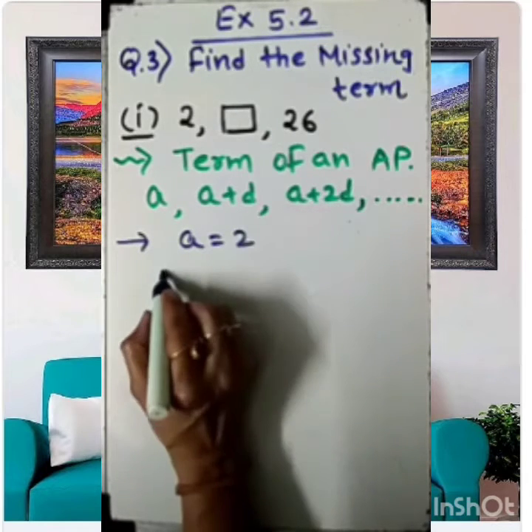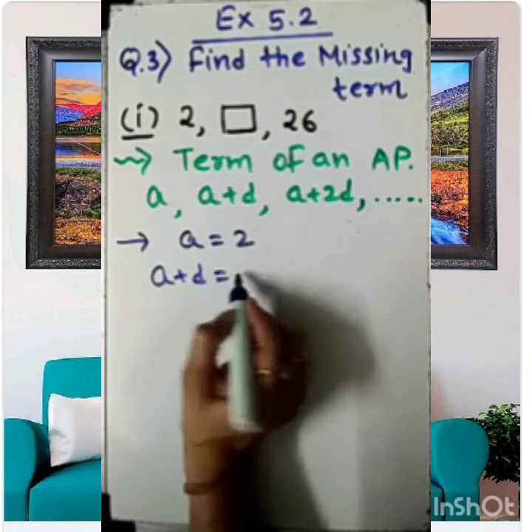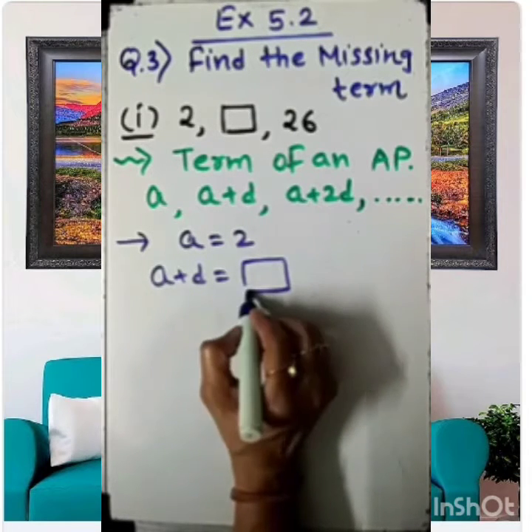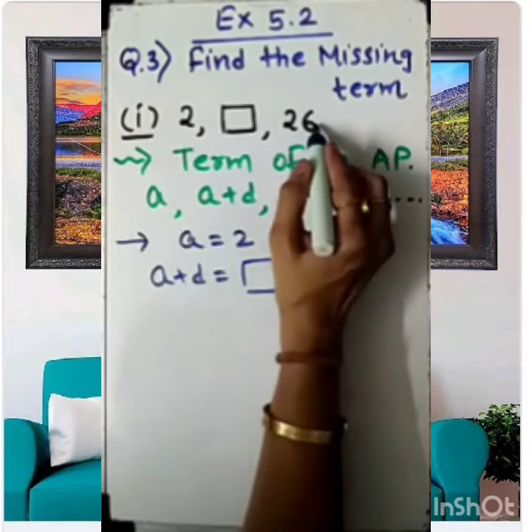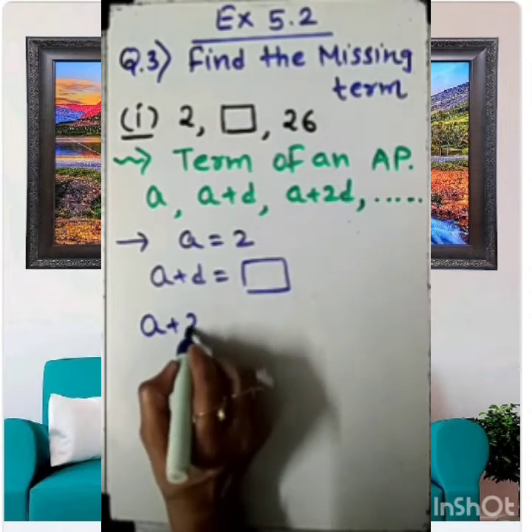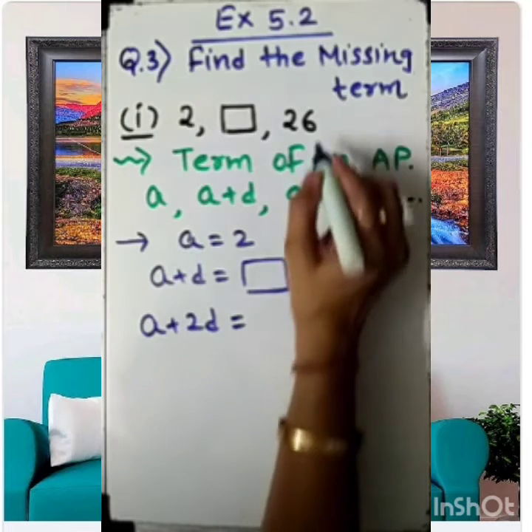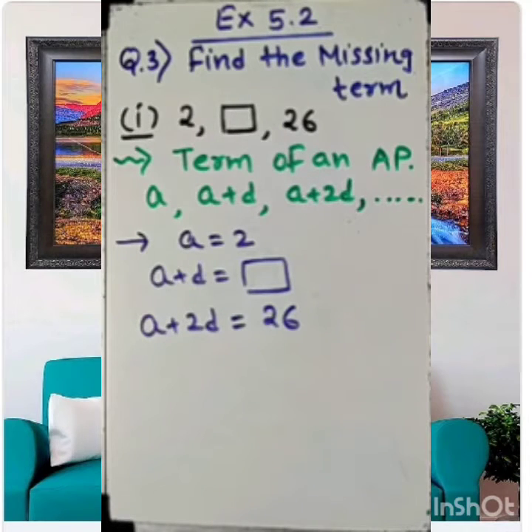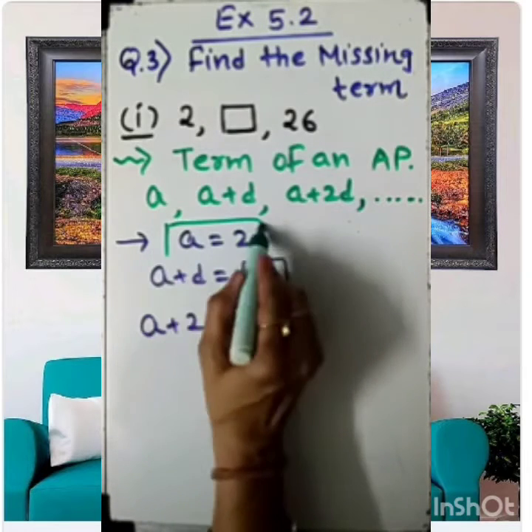The second term is a plus d, which we do not know, so it is a question mark. But the third term, a plus 2d, is equal to 26, which we are given. So, dear student, now I am substituting the value of a equal to 2.